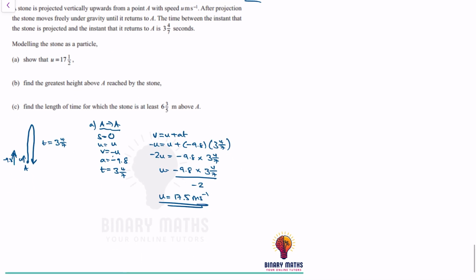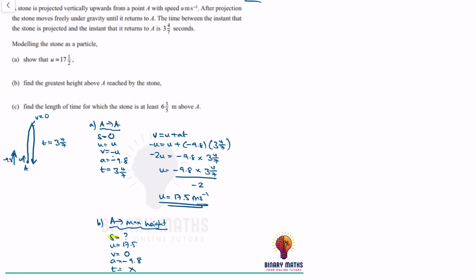B. Find the greatest height above A reached by the stone. So that means I need to look at when it gets to the maximum point. So A to maximum height. If I do suvat for that, and we're trying to find the maximum height, which is this displacement, initial speed is 17.5, final speed is 0, acceleration is minus 9.8, and time we don't know.